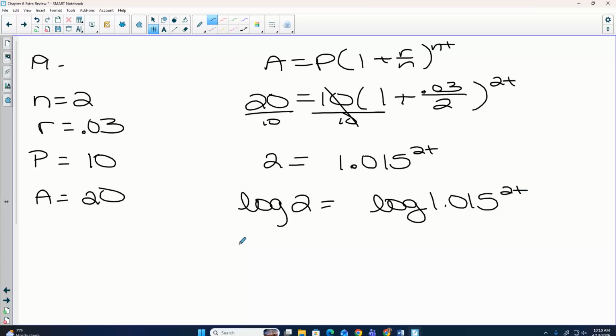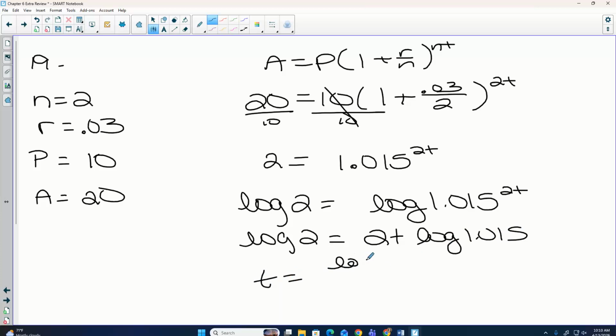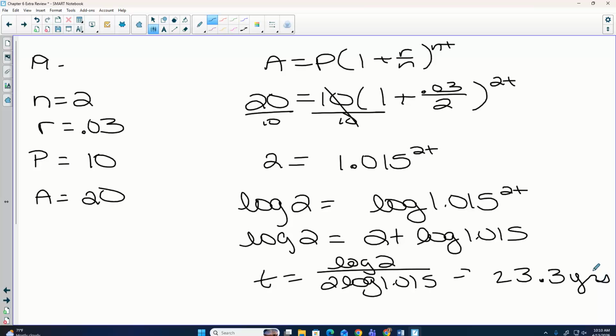Okay, the benefit of that is properties of logs, the exponent comes down. So now you're going to divide. So we have log 2, we're going to divide by 2 log 1.015. And that gives us 23.277 or 23.3 years.